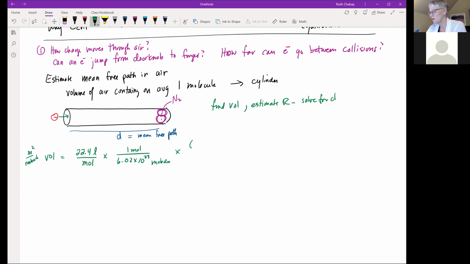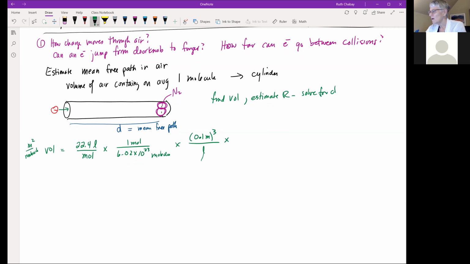So 1 liter is a cubic decimeter. That's going to give us cubic meters per molecule, and when we work that out, we get something like 3.7 times 10 to the minus 26th cubic meters per molecule.